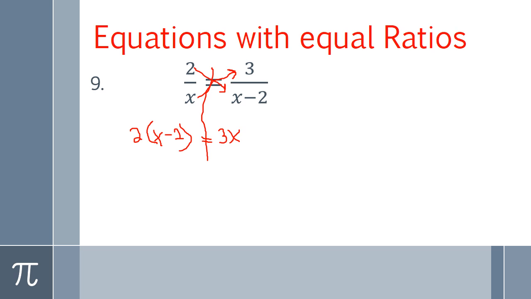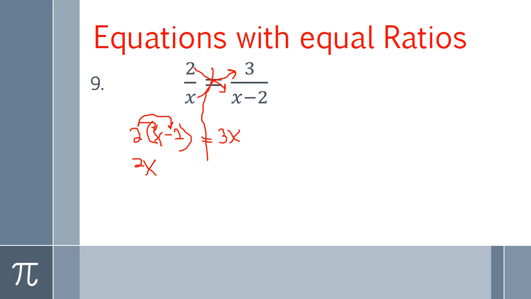You have to keep x minus 2 in parentheses because that's the denominator of one of the ratios in this case. So now that we have parentheses, we need to use the distributive property, which means I'm going to multiply 2 by x and 2 by negative 2. 2 times x is 2x.